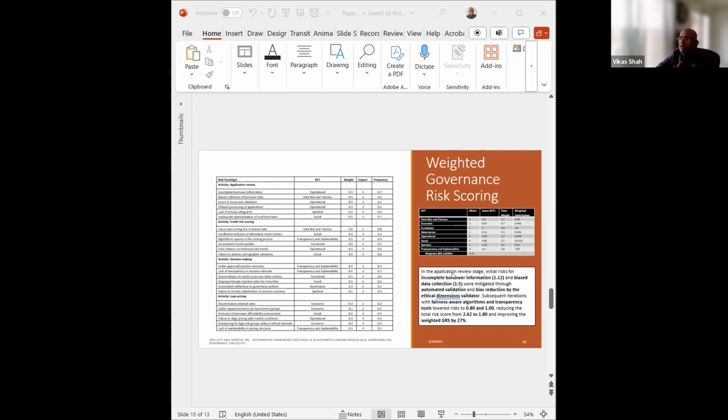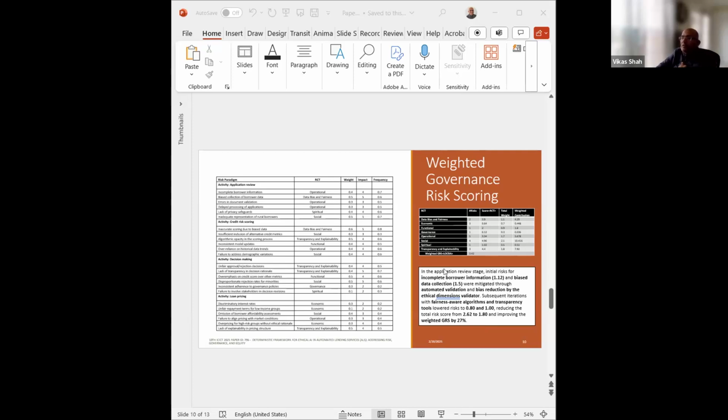What we found is that our overall governance risk score is 3.42. However, when we introduced the change in the fairness algorithm into the ethical dimension validator in the framework, the GRS improved by 27%.